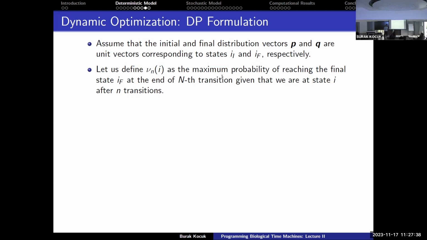I'm in state I after little n transitions. I don't care how I got here. I'm just here. And then I ask the question: with my remaining budget of steps to take, capital N minus little n, if I do the very right thing, what's my probability of reaching the wild type? So that's the function.